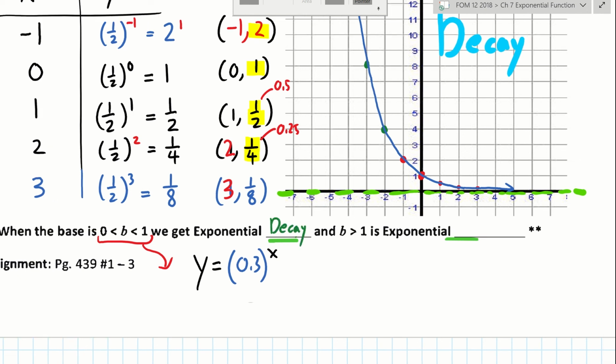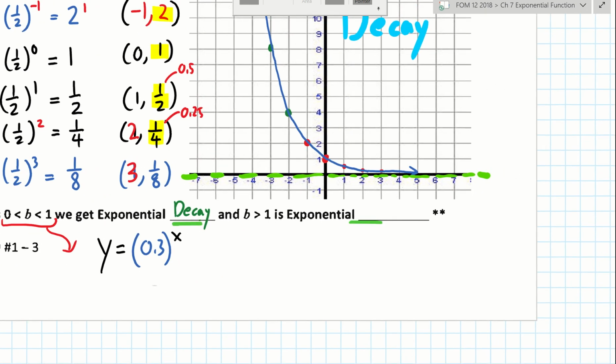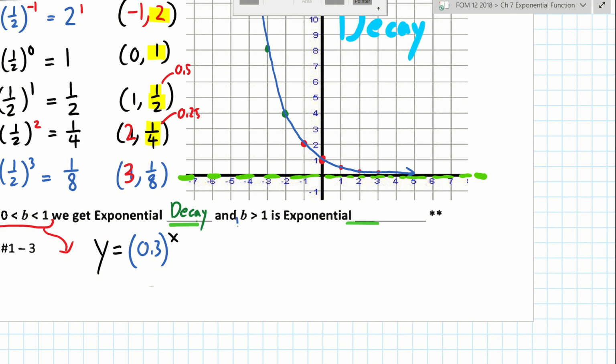And if that b is greater than 1, which is anything you want, it could be like 7.4, which is bigger than 1, right? To the power of x. So if the function is like that, the important thing is this base value. So if the base is bigger than 1, then you have yourself an exponential growth, right? So it's getting bigger.